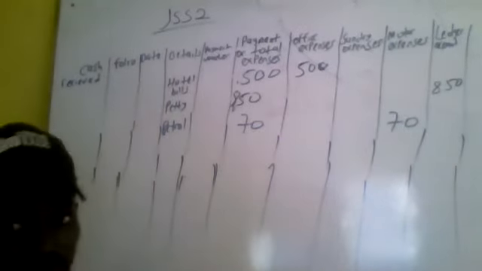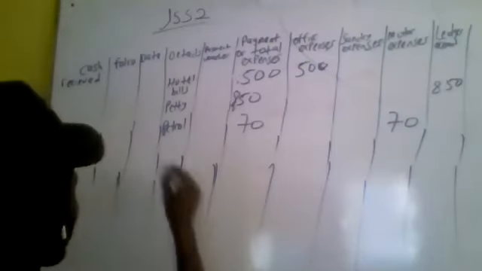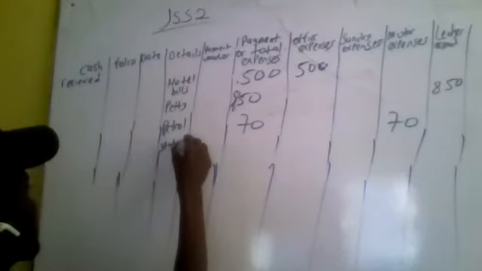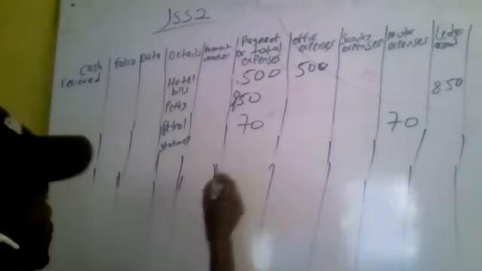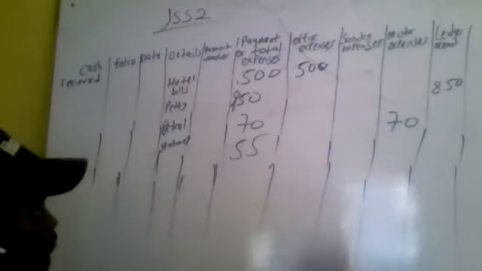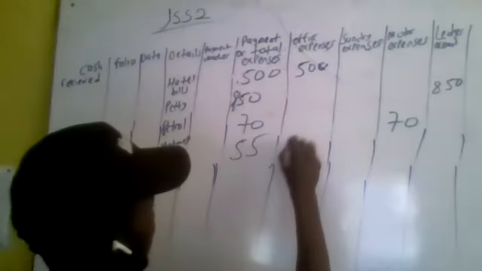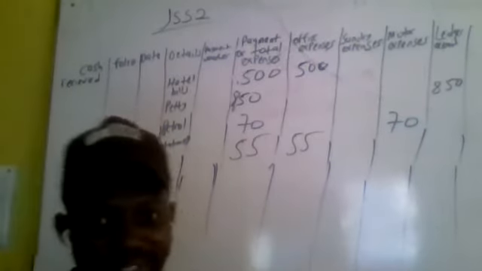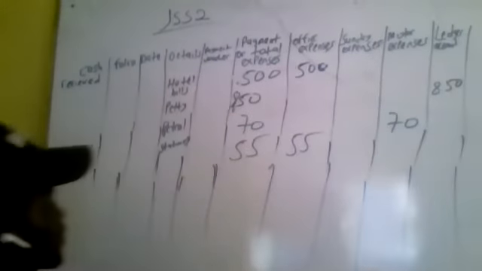Okay, now let's go. Stationery. How much is stationery? 55 naira. Falling under what? Falling under office expenses. Stationery is talking about pins, staplers, and some other things like that. Okay, so now let's go.